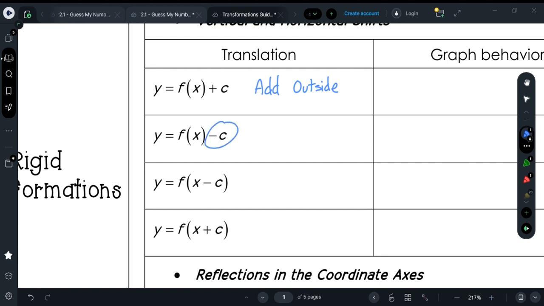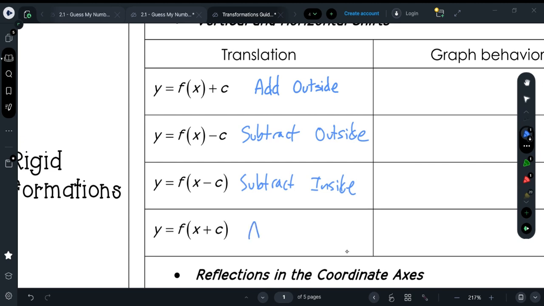Okay, this one here, this is subtraction on the outside. This one here, since it's inside of parentheses, that's subtract on the inside. And the last one here is add on the inside.